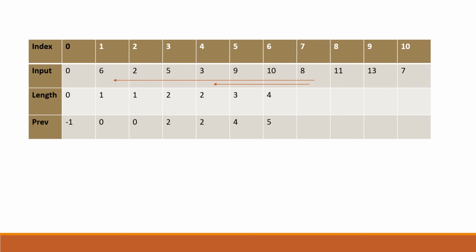We can see that it gets its length from 9, and the input 9 has index 5, thus we are putting that, and that's how we can keep track of where these lengths are coming from. This previous array will really help us to get the sequence, thus we are also keeping it here, and this method runs in n squared time.